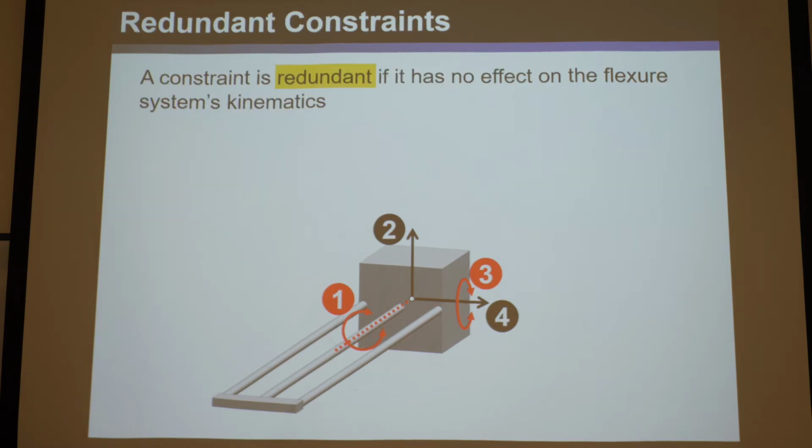Okay, so first of all, what's going on here is that this was a redundant constraint. So what is a redundant constraint? Well, a constraint is redundant if it has no effect on the flexure system's kinematics. It's like you have a higher grad student do the exact same job, and they literally do the exact same job.